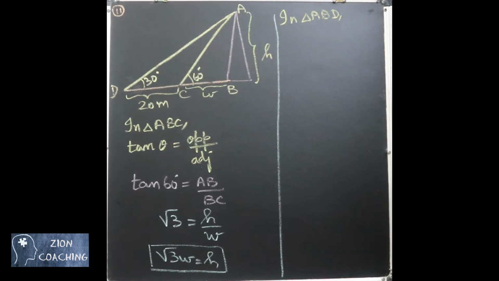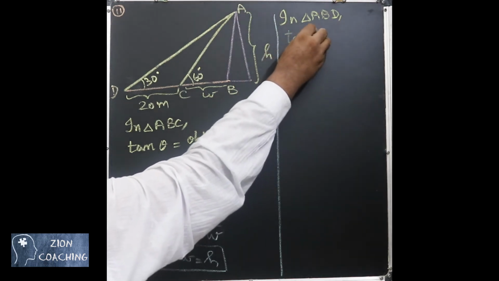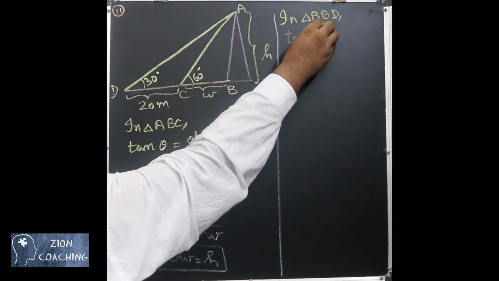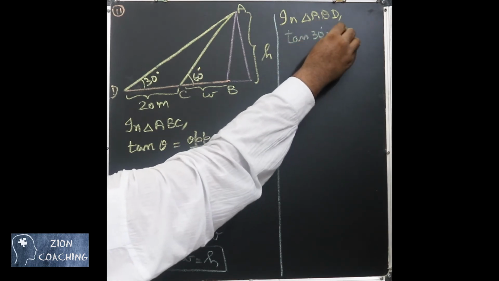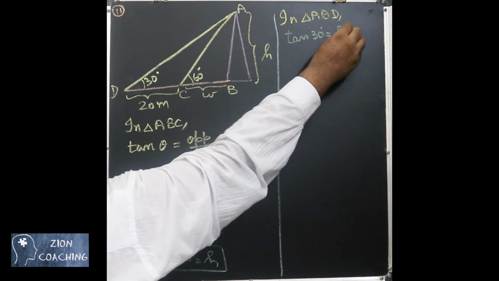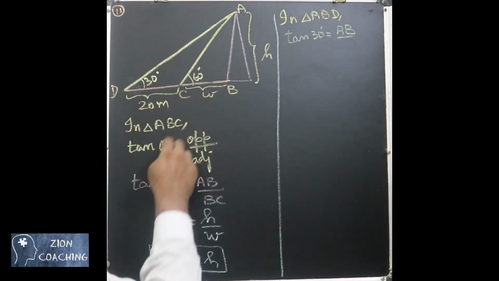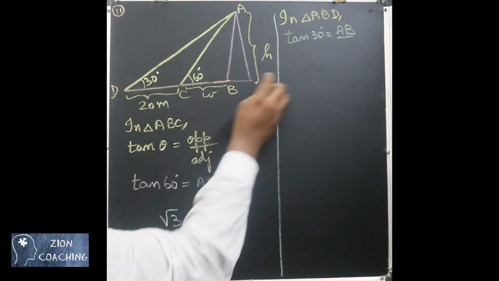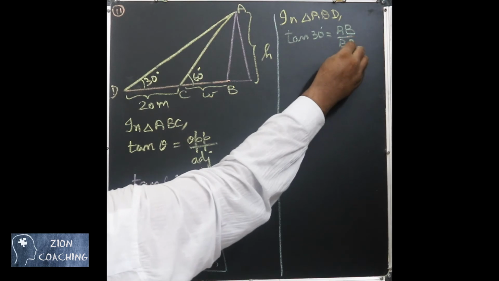Angle is 30 degree. So we are going to have tan 30 degree equal to opposite side, that is AB, divided by this adjacent side, which is DB or BD. You can write it as DB or BD.